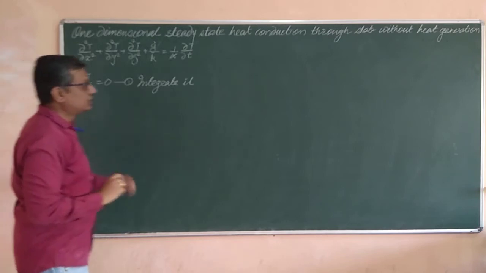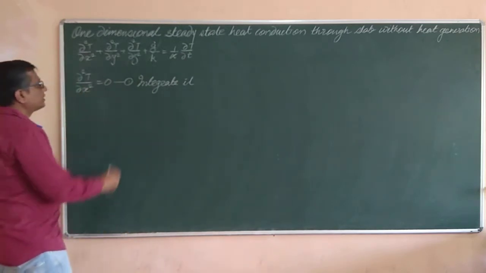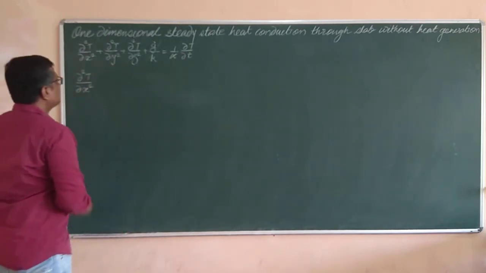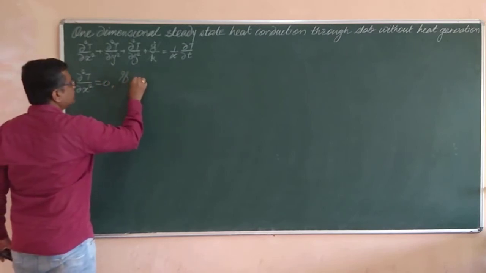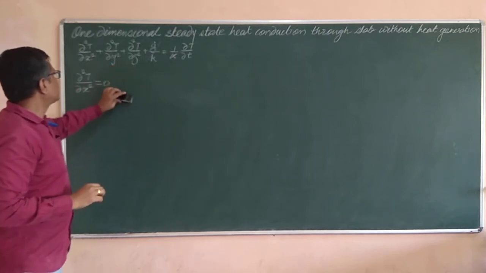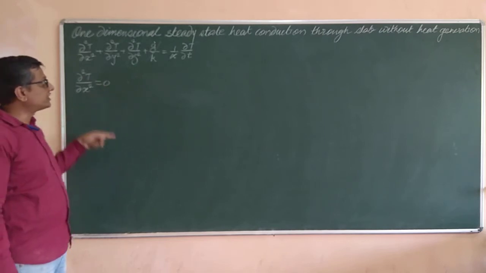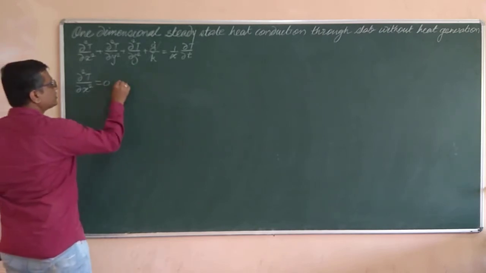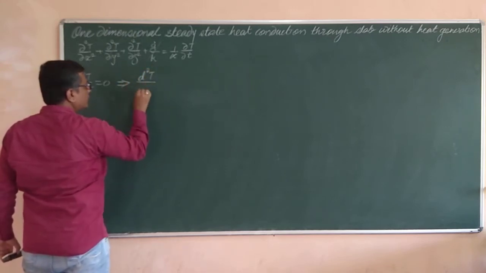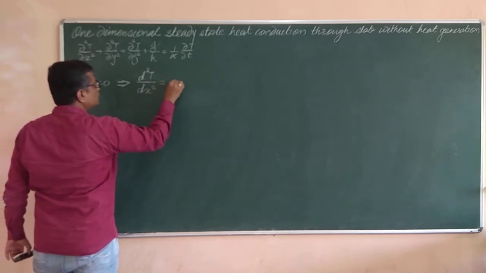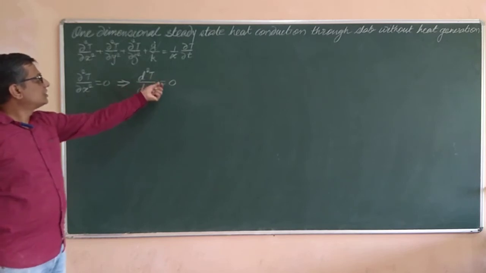One more thing I forgot to mention, this is the partial differential, ∂²T by ∂x². Now if the temperature gradient is only along the x direction, there is no temperature gradient along y direction, no temperature gradient along z direction, then this partial differential equation reduces to one more form, and that will be d²T divided by dx² is equal to 0. So this is the ordinary differential equation of temperature, and that is equal to 0.